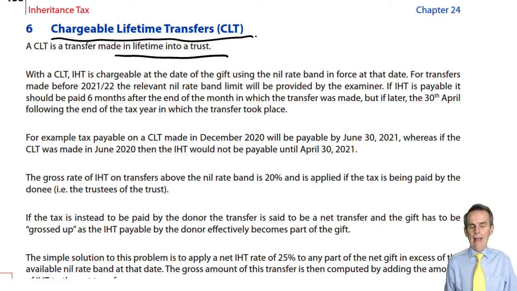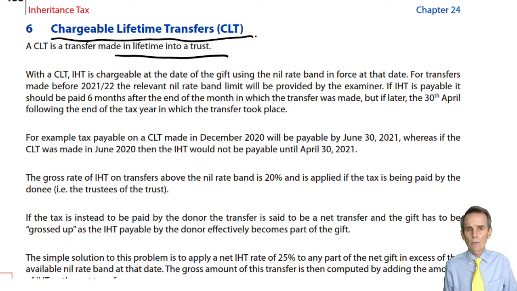Now, if, as we saw in our examples last time, we had a CLT that exceeded the available nil rate band, then the excess over that 325 of the chargeable transfer would be chargeable, and then the question was, chargeable at what rate? And that all depended on, of course, who paid the tax.